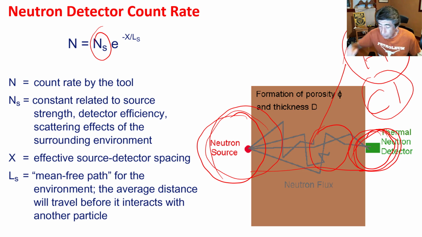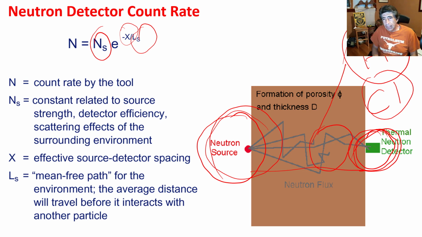But that is all controlled by what we call the mean free path of these thermal neutrons, and the distance is here. And the mean free path is a function of many things, but essentially hydrogen index, presence of chlorine, and other things. So that's what neutrons do.